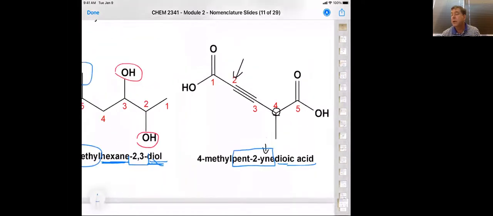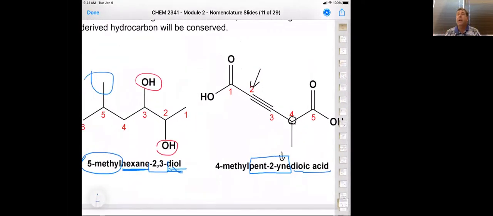So in this case, we have a dicarboxylic acid. And so we're going to put it so our substituents are in their lowest possible order, right here. And in this case, the alkyne is located before the substituent, so that's why it's on the lower number.